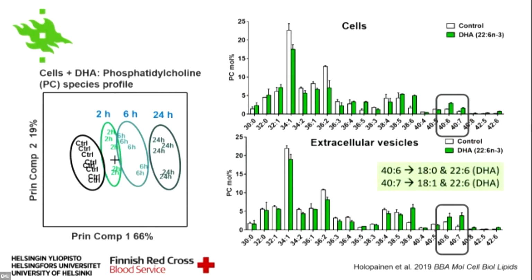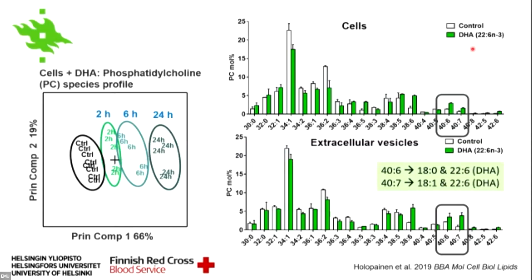And we can see the same, if even a larger effect, in the EVs. So after giving the fatty acids to the cells for 24 hours, we washed away the fatty acids and let the cells sit for 2 days, and then we isolated the vesicles, and we could really see that the vesicle membranes were also modified.